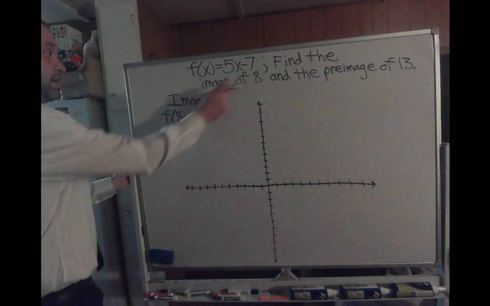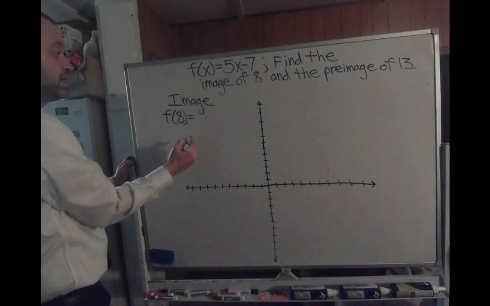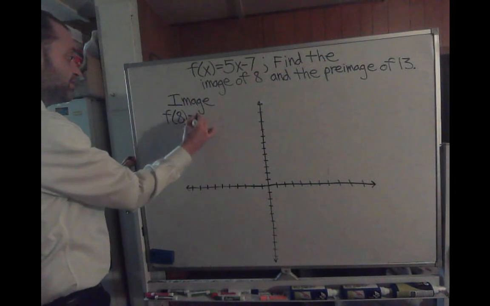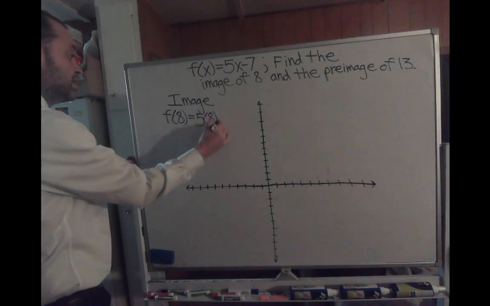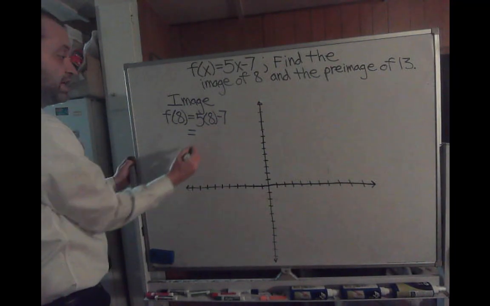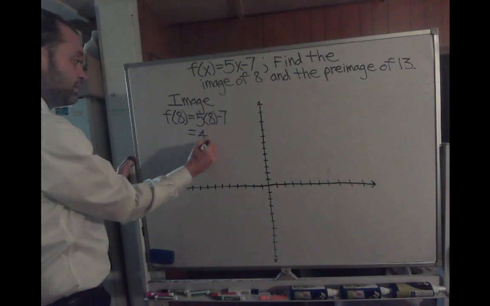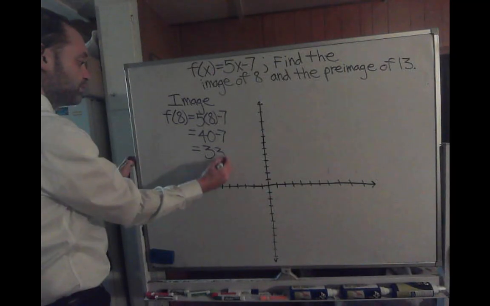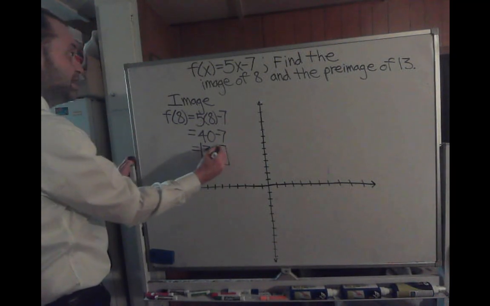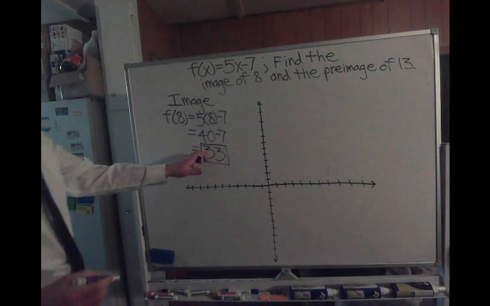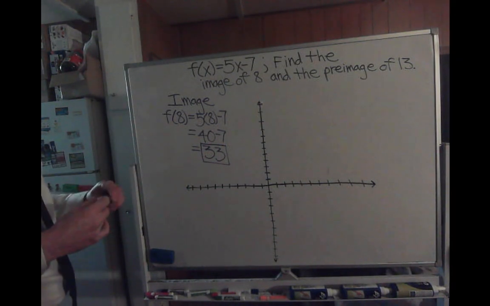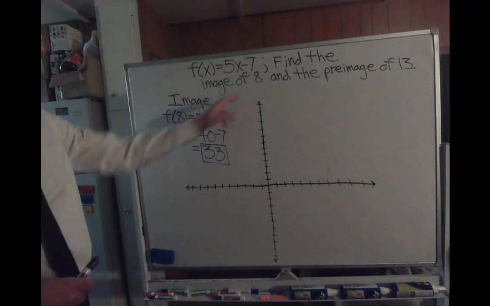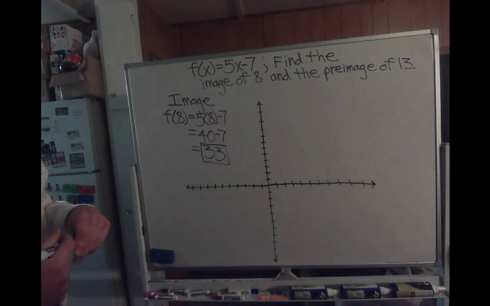You put that into your function, you'll get 5 times 8 minus 7, which would equal 40 minus 7, which would give you an image of 33. So the image of 8 would be 33. So that's just a matter of taking the value of your image, sticking it into your function.